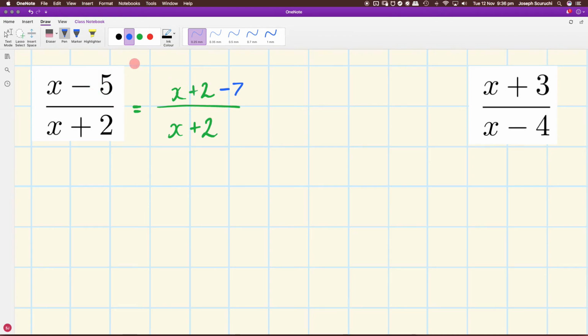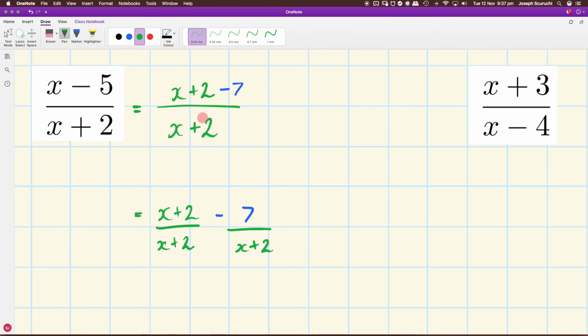So now my numerators are the same. It's almost as if I broke this negative 5 into plus 2 and negative 7. I then can go to my next step, which is breaking this up. So I'm going to get x plus 2 over x plus 2 and negative 7 over x plus 2.